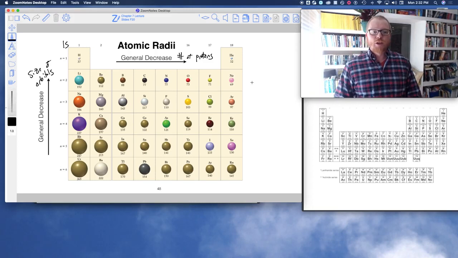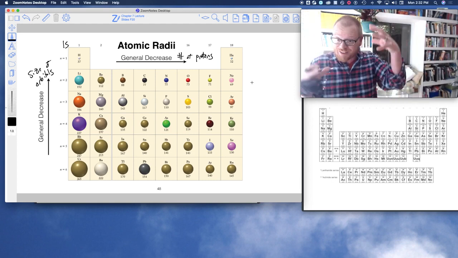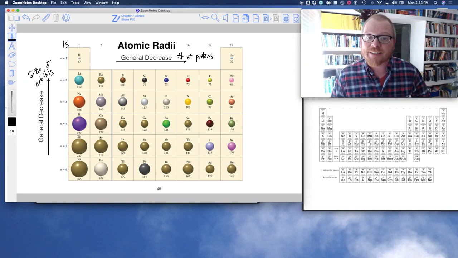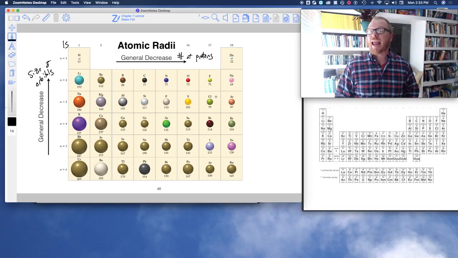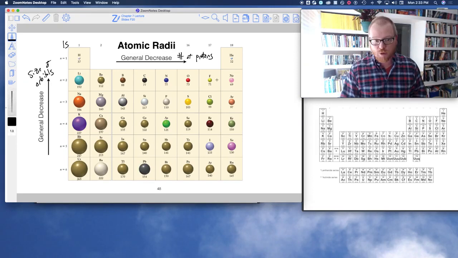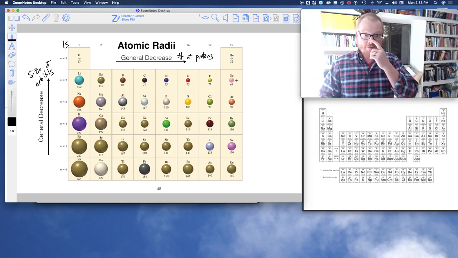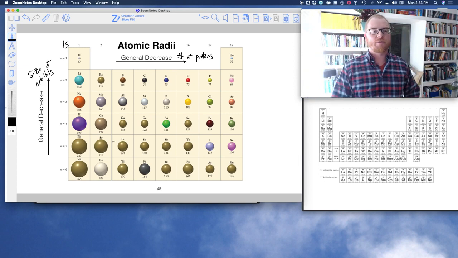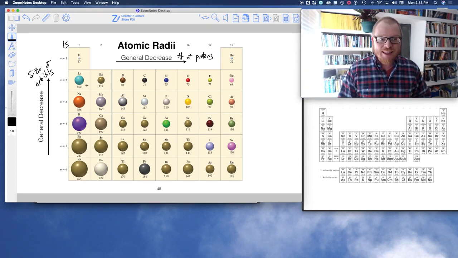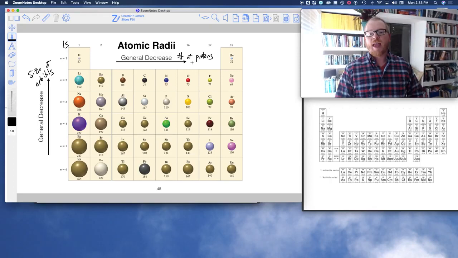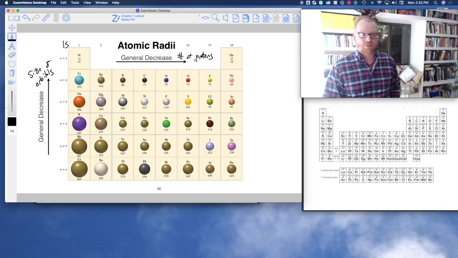However, those electrons are within roughly the same sized shell. But what is happening is there are more and more protons being added to the nucleus as we move across, and that causes those electrons to shrink in. So this is a little counterintuitive, that they get smaller as we move from left to right. And that's due to the number of protons.